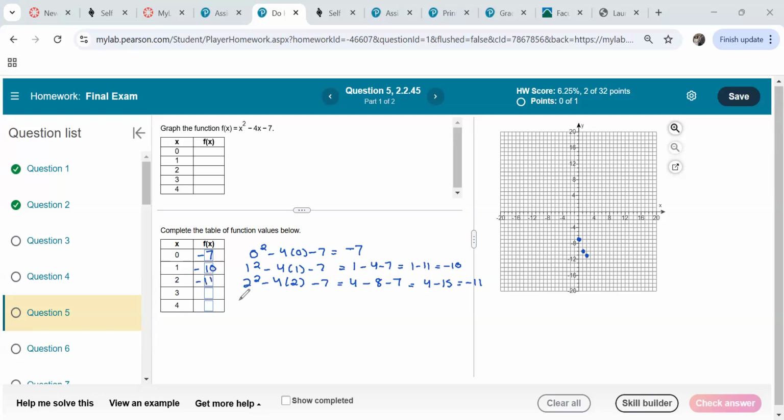So 2, negative 11. Then 3, we have 3 squared minus 4 times 3 minus 7. So that is 9 minus 12 minus 7. Let me double check that one. 9 minus 12 minus 7. It's a negative 10 again.